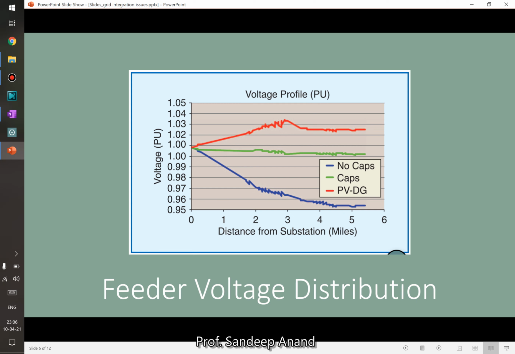So such kinds of problems can occur, for example, if the solar inverter is operating with the basic principle of unity power factor operation. Maybe in some of the subsequent videos we'll also see some of the ways these problems can be solved. But in this discussion, let us keep on talking about the issues and the challenges, and then subsequently we'll see how to solve those problems.